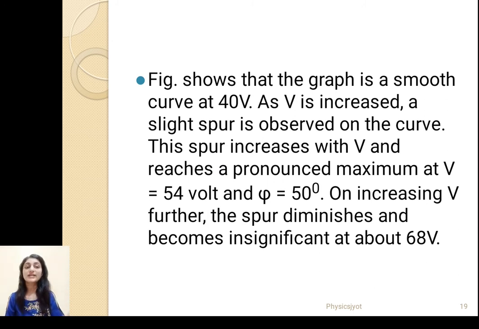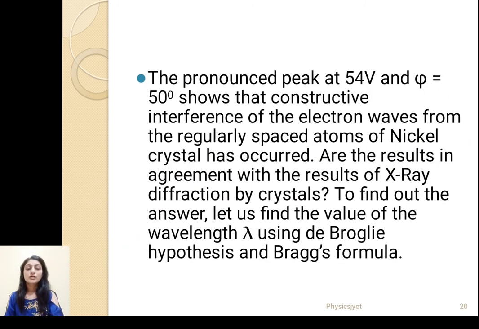This spur increases with V, reaches its pronounced maximum at V equals 54 volt and phi equals 50 degrees. On increasing V further, the spur diminishes and becomes insignificant at about 68 volt. The pronounced peak at 54 volt and phi equals 50 degrees shows that constructive interference of the electron waves from the regularly spaced atoms of the nickel crystal has occurred.